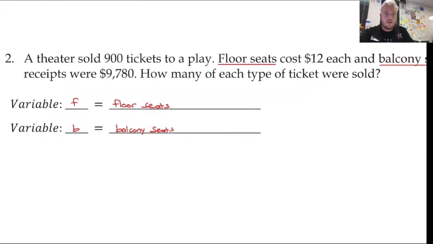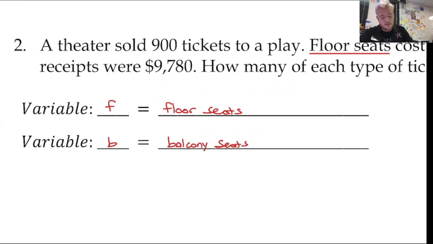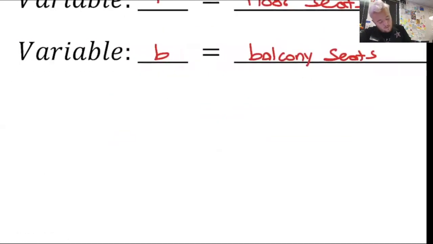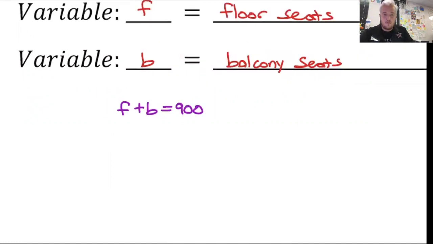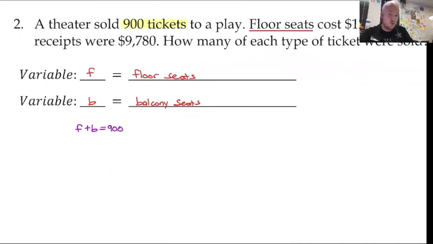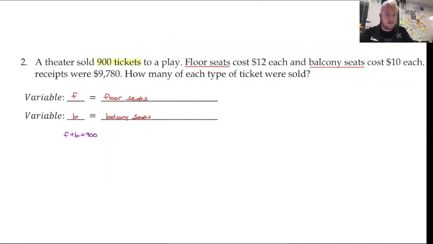All right. Now keep in mind, looking at your first sentence here, they said that they sold 900 tickets total. So between those 2 different types of tickets, F plus B is 900. They sold 900 tickets total, but now we want to look at the price.